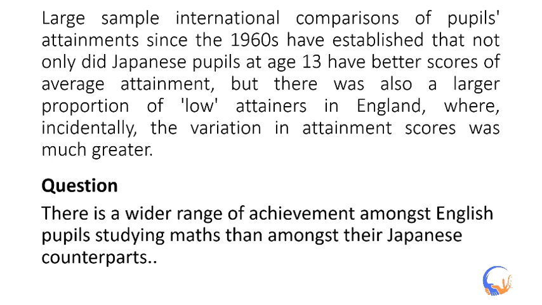But there was also a larger proportion of low attainers in England. So in England, there are many students who got low scores, where incidentally the variation. Now, where is it for England? So in England, the variation in attainment scores was much greater. So there was broad variation when it comes to English pupils.